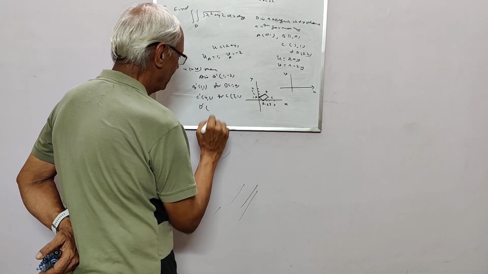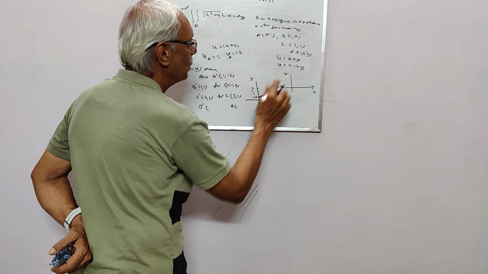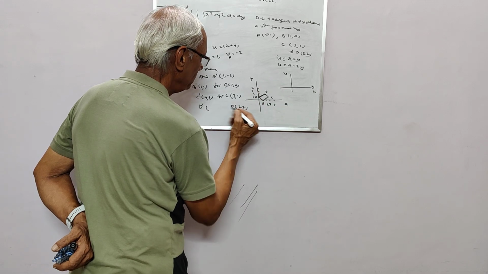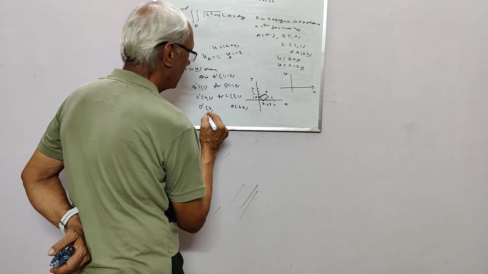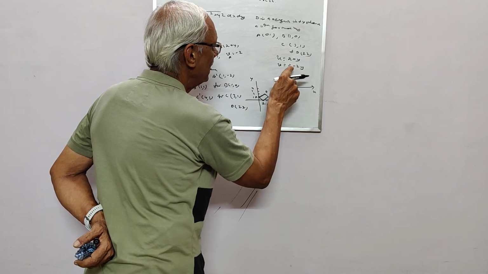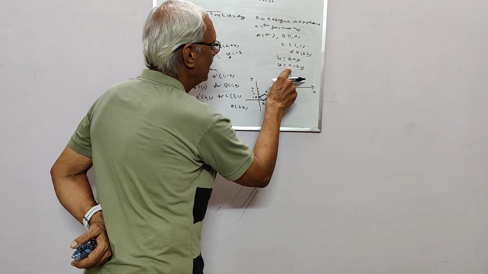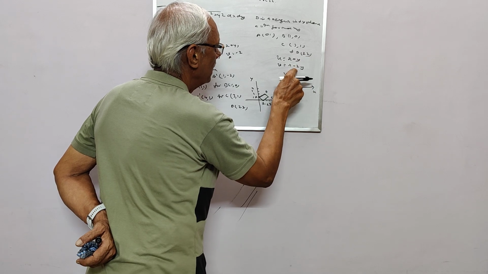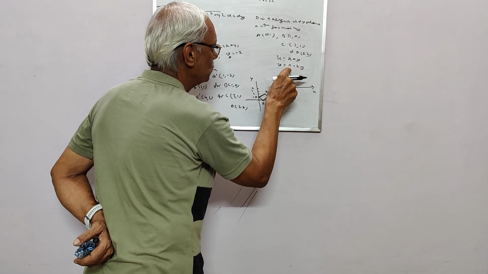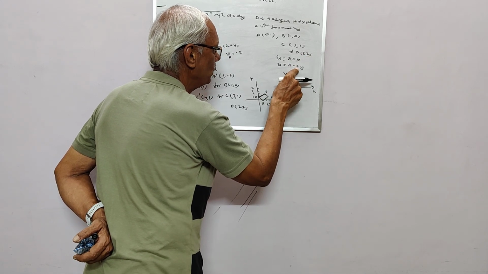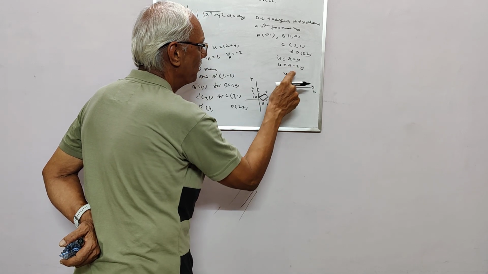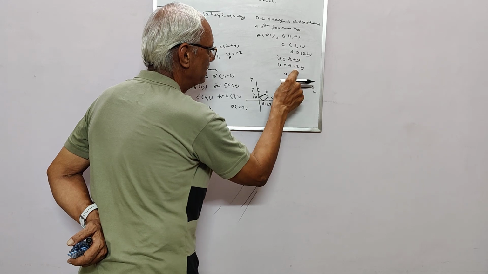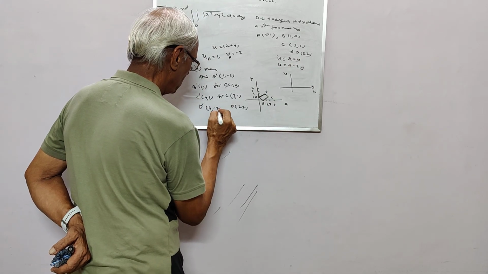And D dash. D is 2 2. So when you put 2 here, 2 plus 2 is 4. And for V, when you give 2 into 2, it is 2 minus 4, which is minus 2.